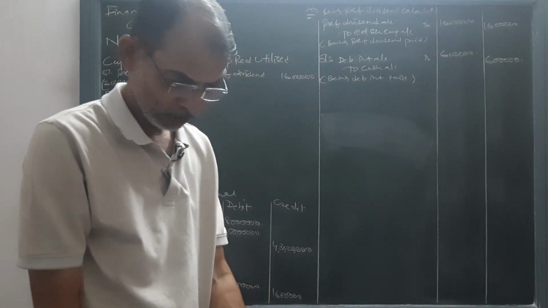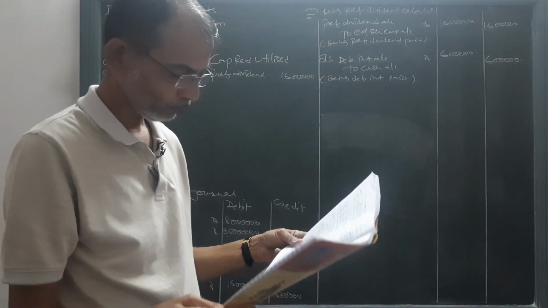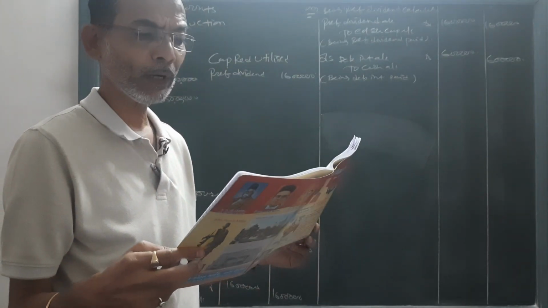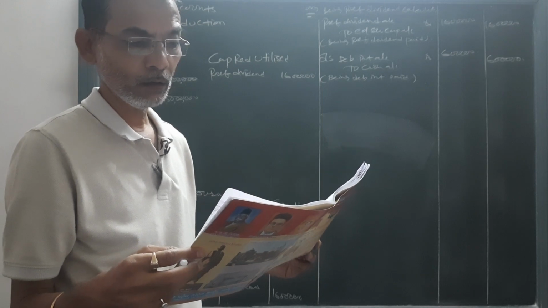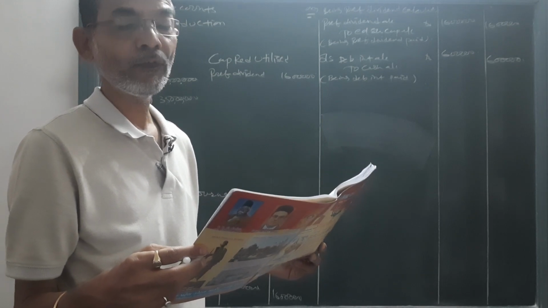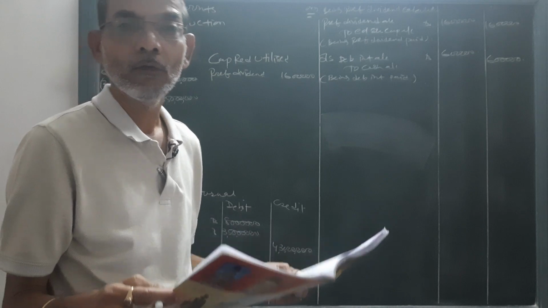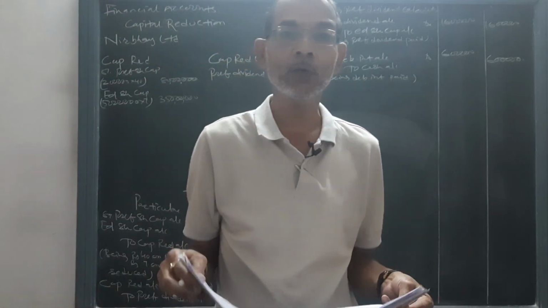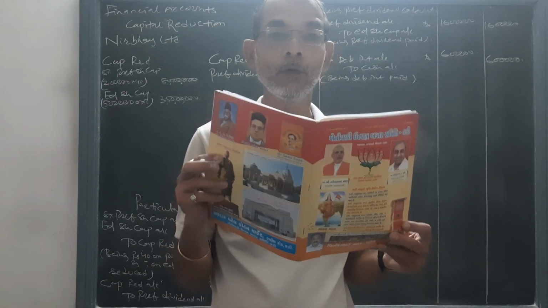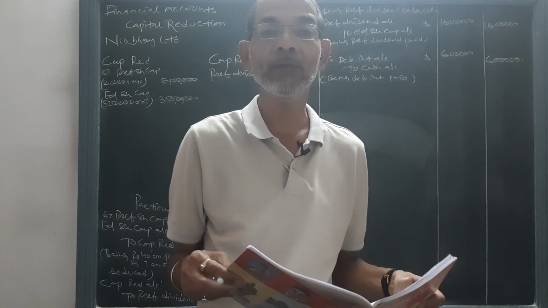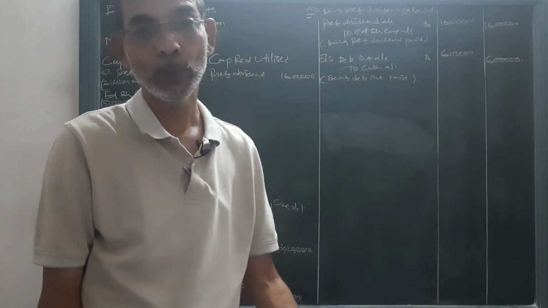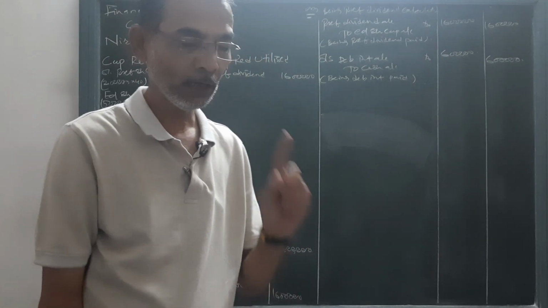Then after it is to give them a freehold property of book value 50 lakh at 75 lakh. Debenture holders are to be given freehold property of 50 lakh at 75 lakh. That means the company will benefit by 25 lakh.